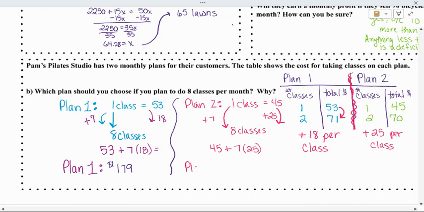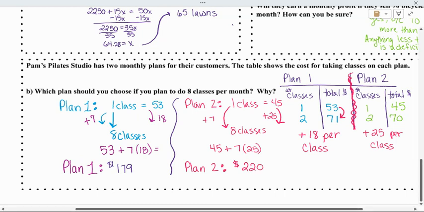So what is Plan 2 going to cost for 8 classes? $220. 7 times 25 is 175, plus 45 is 220. Okay, perfect. Sorry about that, sir.